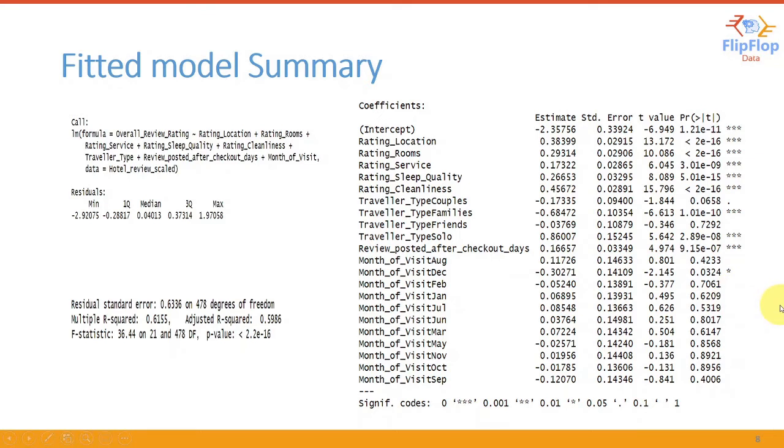So we will look at the t-value over here. Out of these 3 variables, cleanliness has the highest t-value, which is 15.796. Location is a little lesser than that, 13.172. Then rooms is 10.086.